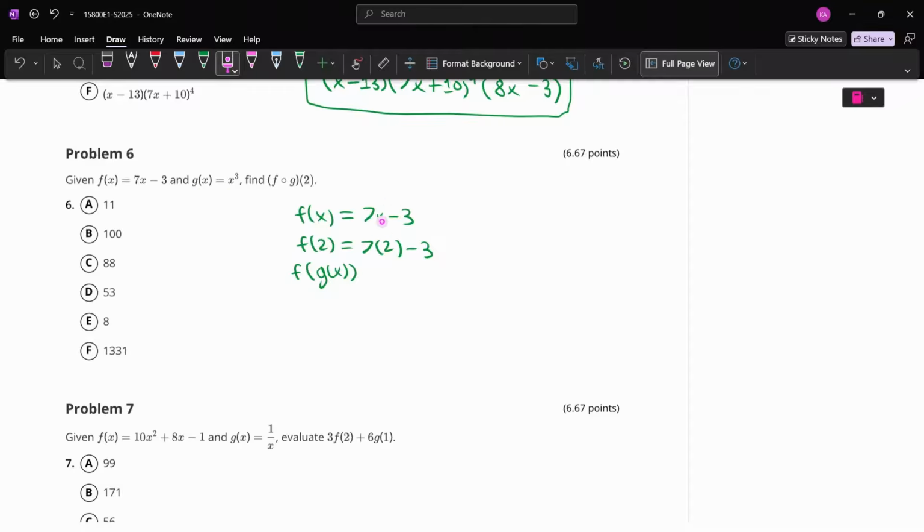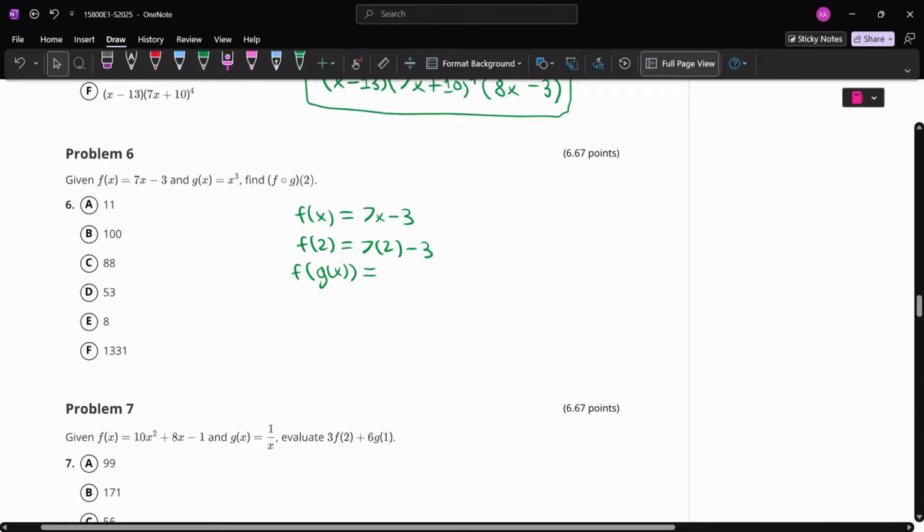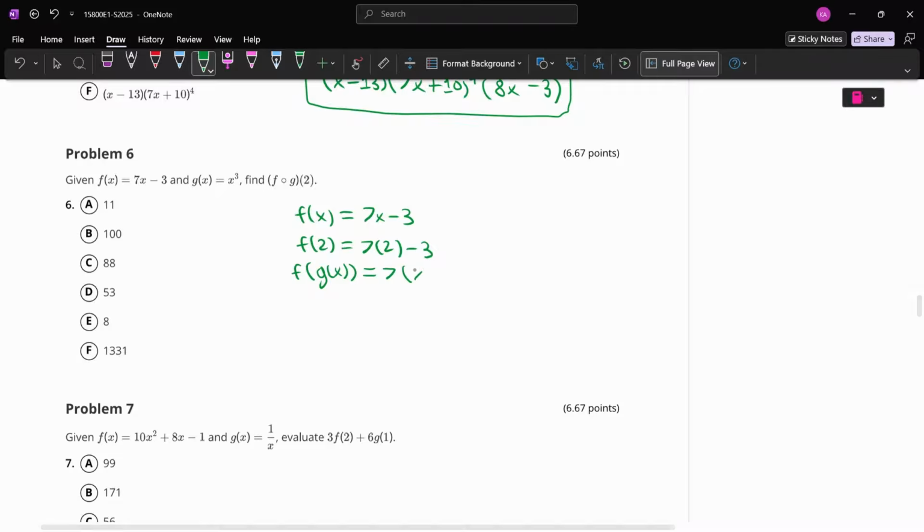So whenever we see an x on this side of the expression, we'd replace it with whatever g of x is, which is x cubed. So we'd end up with an expression that looks like this: f of g of x is going to be equal to 7 times x cubed, since that's g of x, and then minus 3, and then we'd simplify.